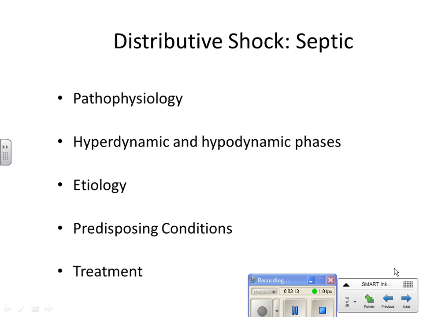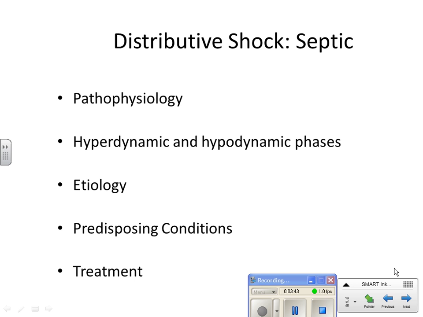An infection gets going in the patient's body, and the systemic inflammatory response causes capillary leak, and the patient loses intravascular blood volume because the fluid is leaking into the tissues. There are 2 phases of septic shock. You will hear them referred to sometimes as warm and cold shock. The technical terms are hyperdynamic and hypodynamic.